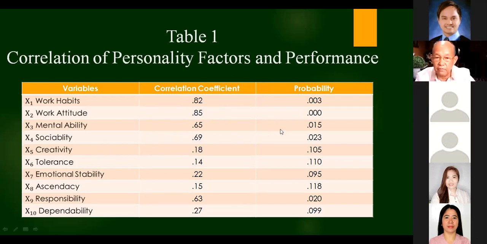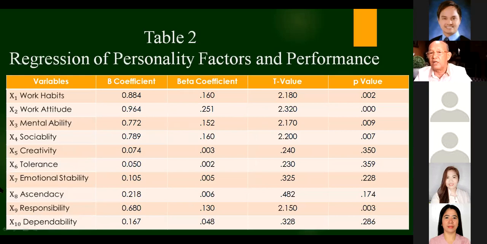The next table that SPSS will give you looks like this. These are the regression indices. Here you find the B coefficient, the beta coefficient, and the P value. Allow me to explain.